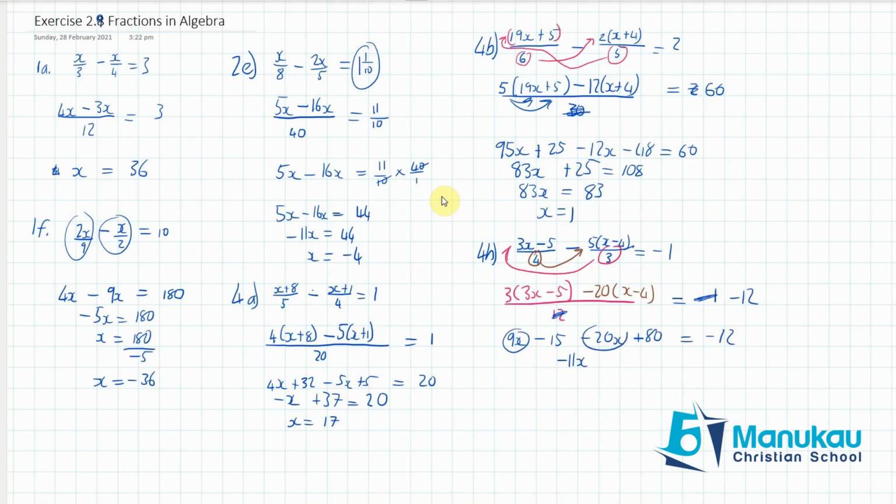On this side I've got 80, subtract 15, so that's 65, plus 65 equals negative 12, and I'm going to pull my 11x across to the other side so it becomes positive, and 65 plus 12 is 77, so x equals 7.